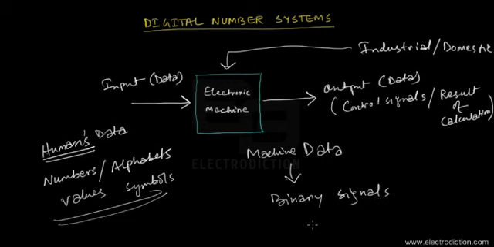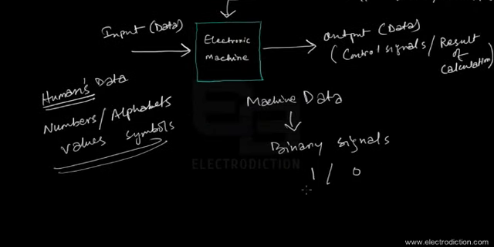Binary signals consist of either a logic 1 or a logic 0. A logic 1 physically means that a circuit or some sort of connection is in the on state, and a logic 0 signal, on the other hand, means that the circuit is in an off state.